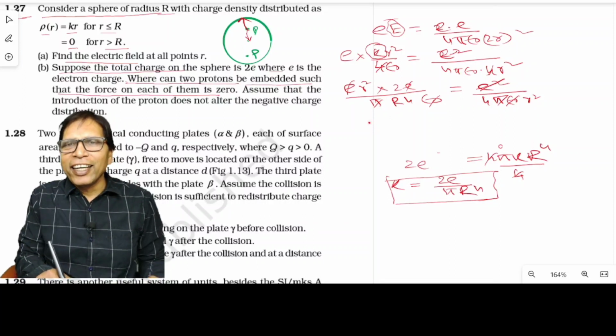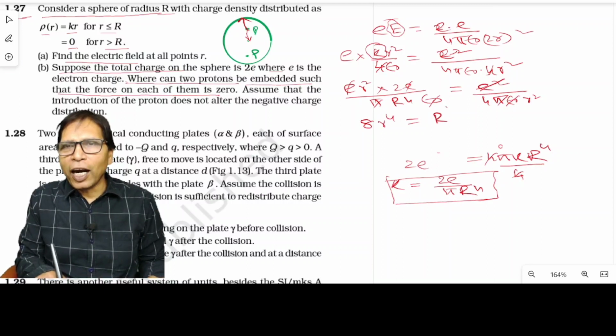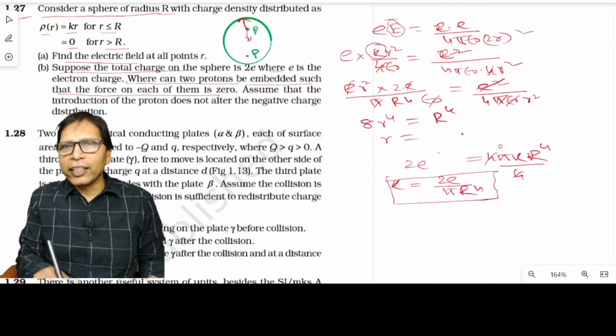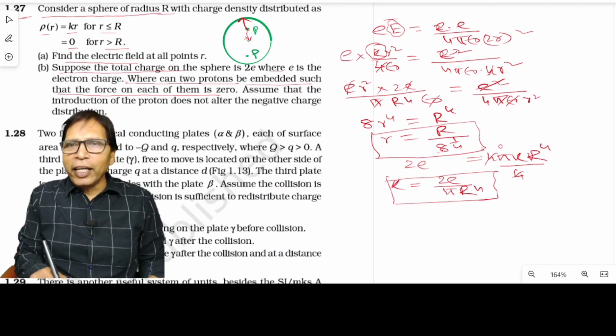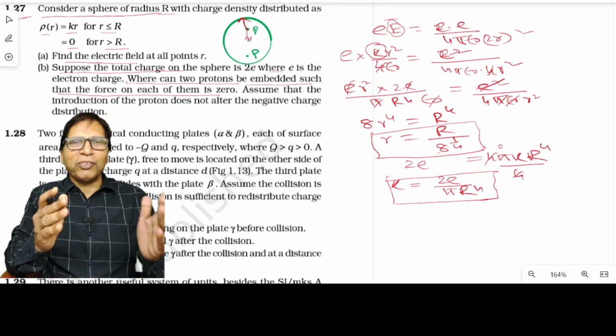So 8 r to the power 4 equals capital R to the power 4. So r equals capital R by 8 to the power 1/4. So the distance of the proton from the center of the spherical region is R by 8 to the power 1/4.